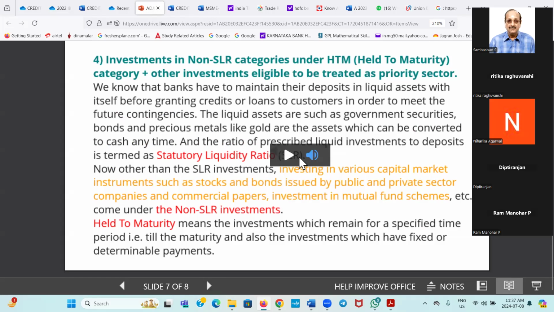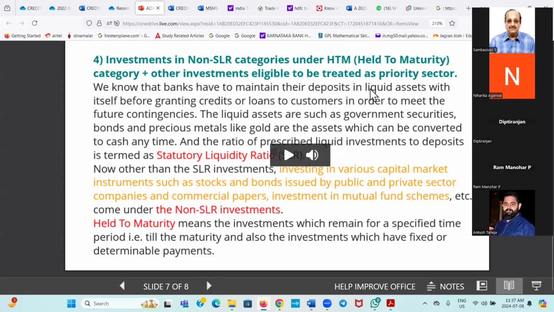And the prescribed ratio of liquid investments to deposits is termed as SLR. Now, other than SLR investments, investing in various capital market instruments such as stocks and bonds issued by public and private sector companies and commercial papers, investments in mutual fund schemes, etc., come under the non-SLR investments.